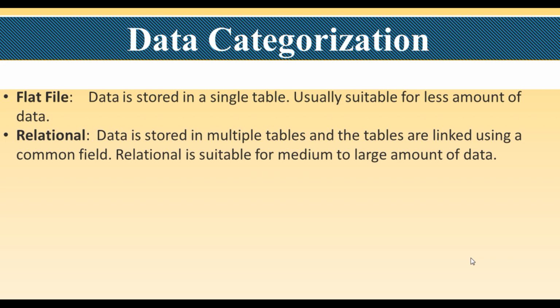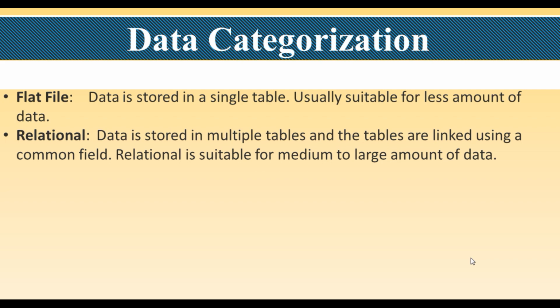In the case of a flat file, data is stored in a single table like a Microsoft Excel table, usually suitable for a small amount of data. While working with a database, flat file is rarely used or never used. In RDBMS, relational database management system, relational data is used.